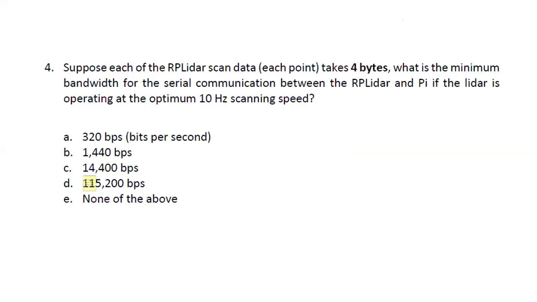The way you go about doing it is, if this is my starting point, one scan is 360 degrees, 360 points that I need to scan each time I go for one revolution. And how many times in 1 second? It is 10 Hertz, correct?